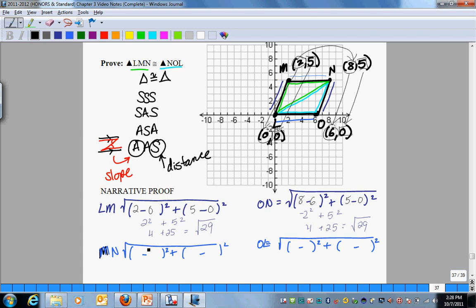So I'm going 2 minus 8, 5 minus 5, left to right, 0 minus 6, 0 minus 0. Work through the math.